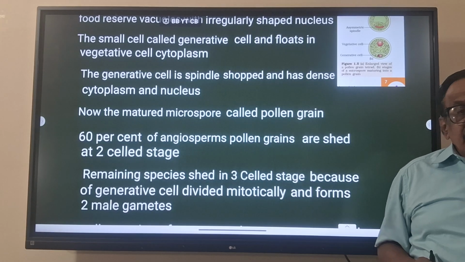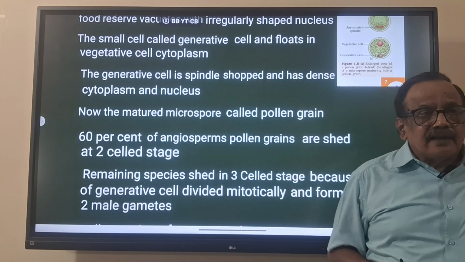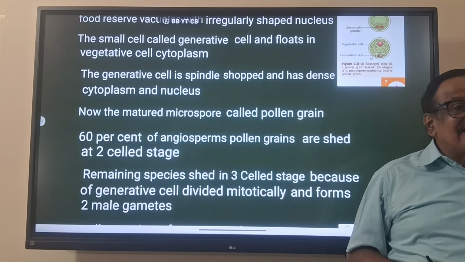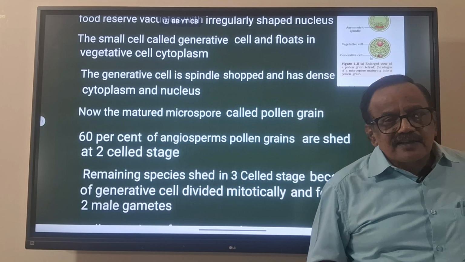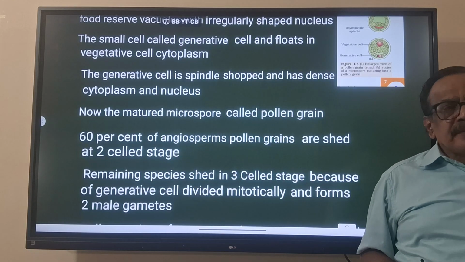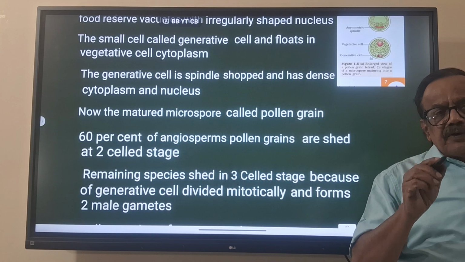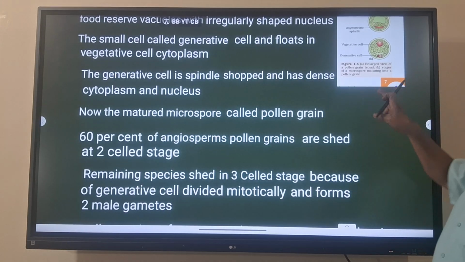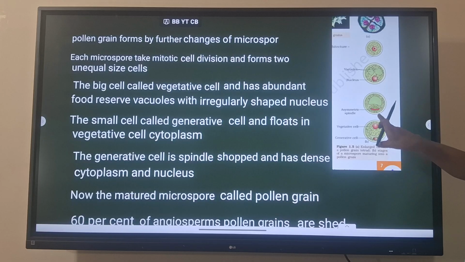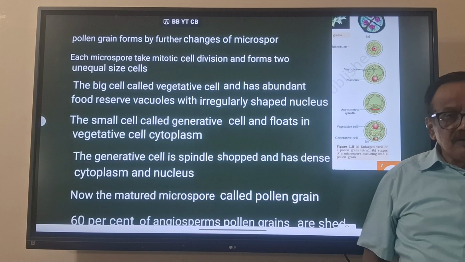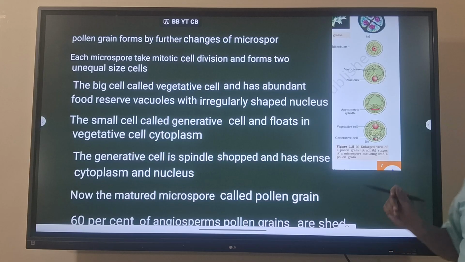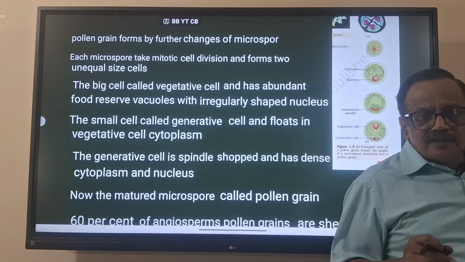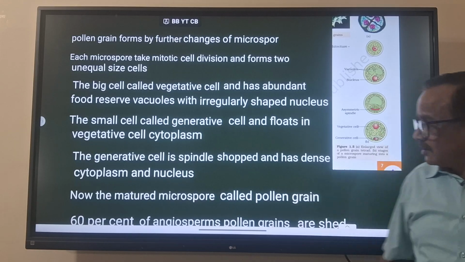Now you tell me, if it is shed at the 3-cell stage, from the pollen mother cell to the formation of the 3-cell stage, how many meiotic divisions and how many mitotic divisions have taken place? First, one meiotic division in the microspore mother cell, and the microspore has taken a mitotic cell division and forms 2 cells. So one mitotic, and for the 3-cell stage one more mitotic cell division is taken. So 2 mitotic divisions, 1 meiotic division. You can ask any questions in this.